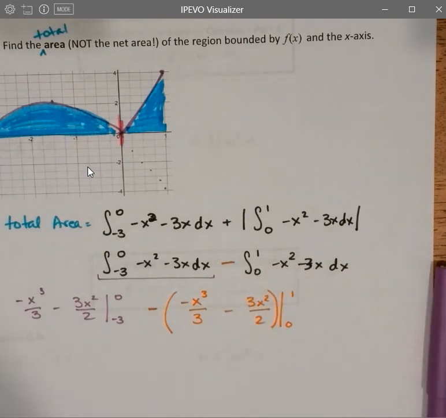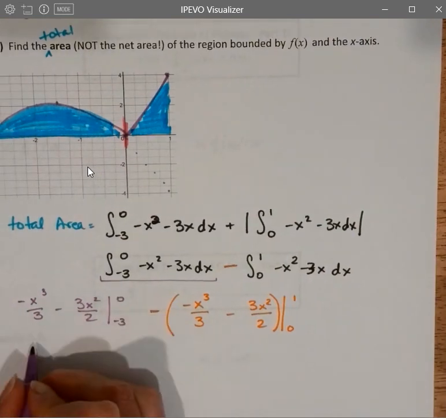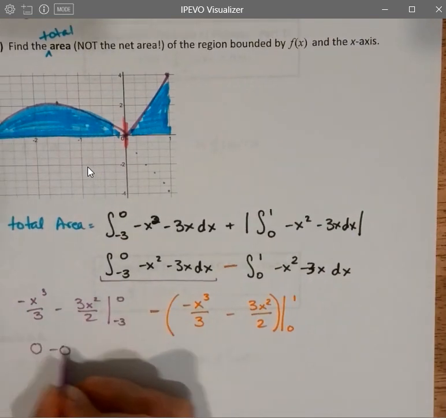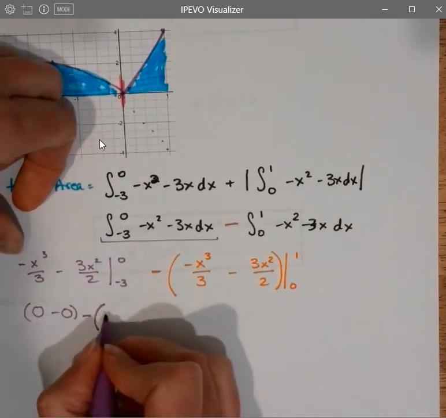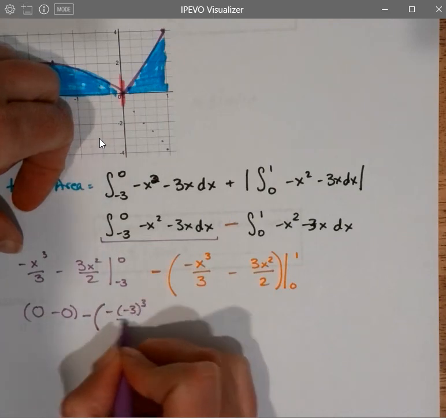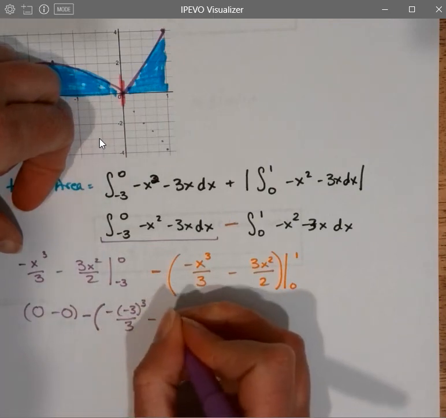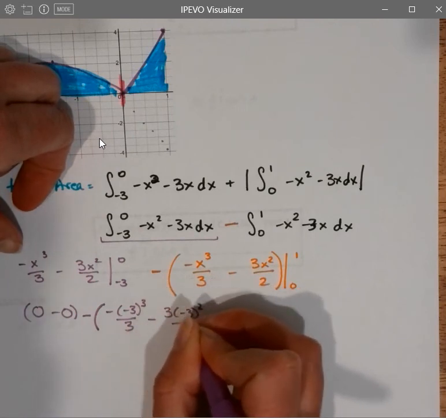Okay, so in the first piece, we have the upper bound is 0, so that's 0 minus 0, that's the first part of it, top bound, minus, from the bottom bound, negative 3 cubed over 3 minus 3 times -3 squared over 2.